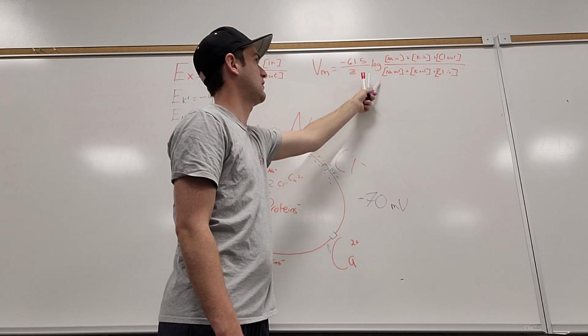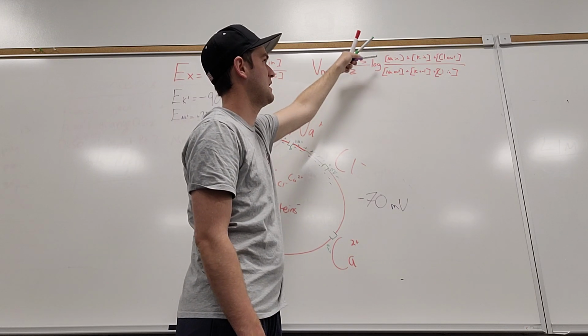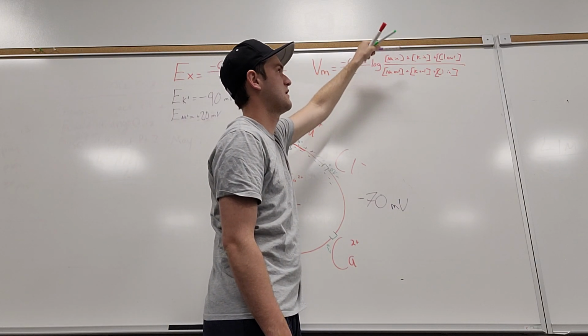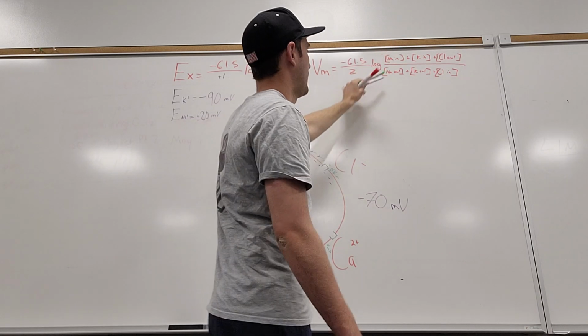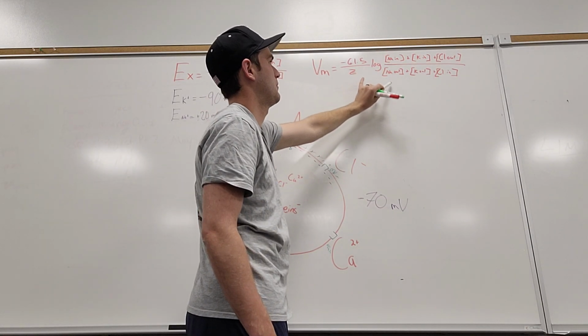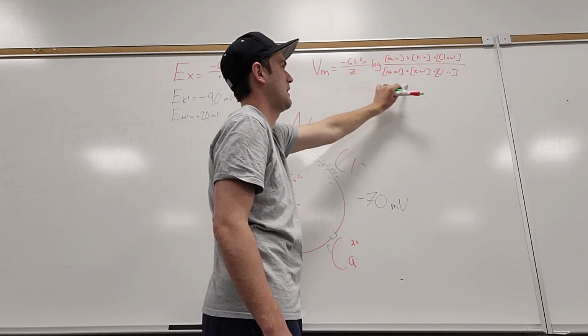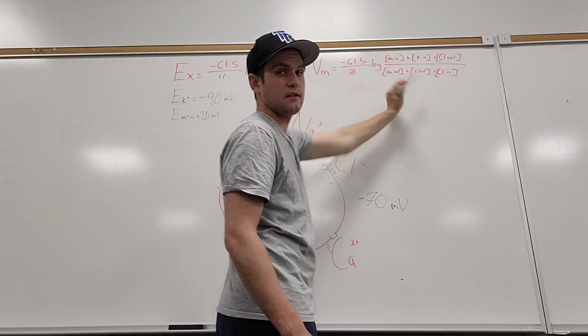All of them. So we're going to have a log of our concentration of sodium outside plus concentration of potassium outside plus our chloride concentration inside of the cell divided by our concentration of sodium inside plus our potassium concentration inside plus our chloride concentration outside, okay?